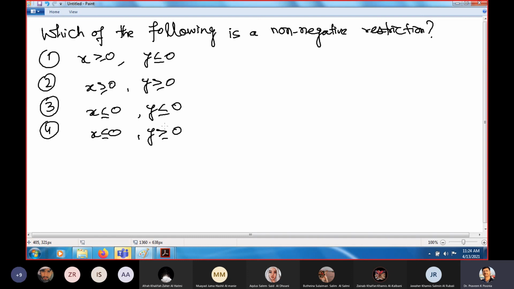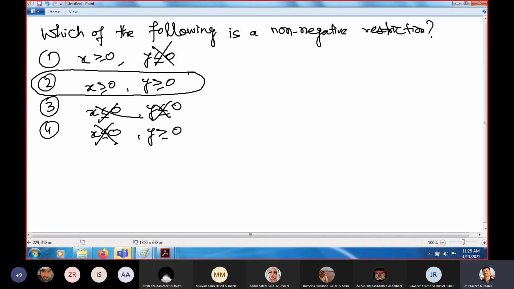Yes. What is the correct answer? 2. Because here this is not possible. Here both of these are not possible. Here this is not possible. Here both are plus.